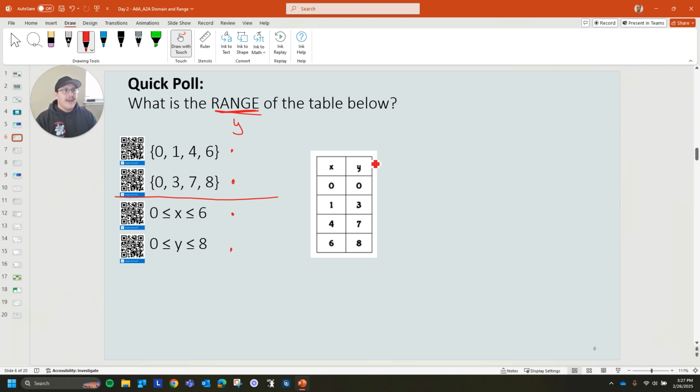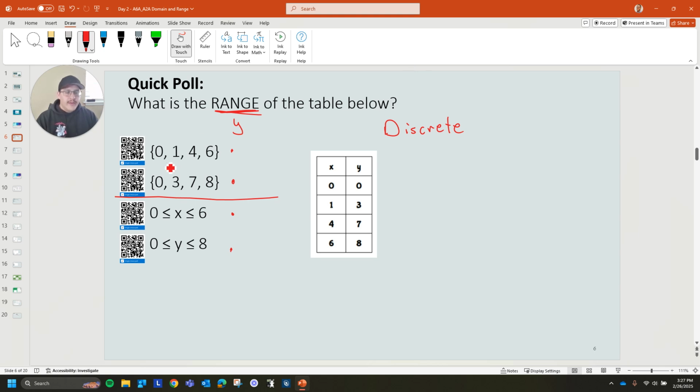So, is this discrete or continuous? How do we tell? Well, all we're given is values on a table. Nothing is telling me that 0, 0 is connected to 1, 3, which is connected to 4, 7, or 6, 8. Nothing is telling me that any of these points are connected. I'm just given a table of values. So this tells me this is discrete.